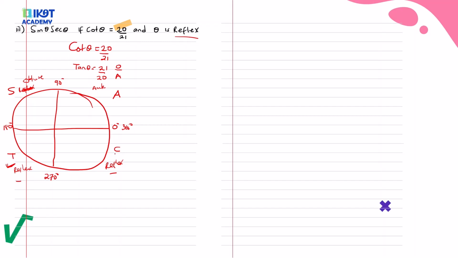Okay, now let's draw a triangle here. I told you, draw the triangle in the quadrant. So draw the triangle here, it's 90 degrees, and I have here, this is theta. So the opposite is 21, the adjacent is this 20. And after that, you remember what I told you, that this is an imaginary x-axis, this is an imaginary y-axis. So this is not 20 because the negative side is negative 20.